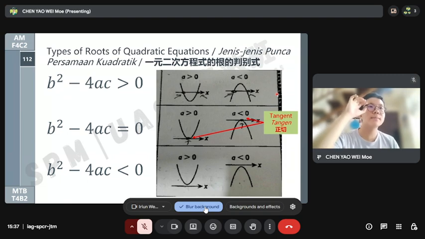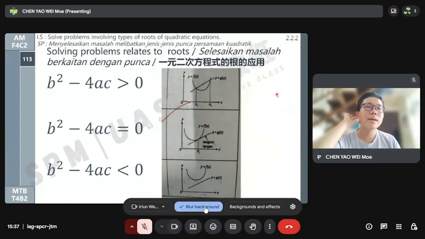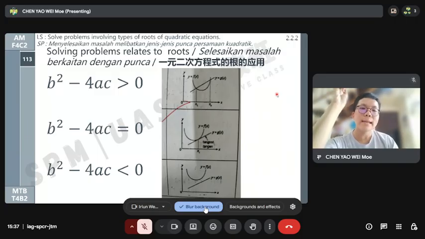In another case, you can also say that one curve and one straight line intersect two times, meaning the line intersects the curve two times. So we can say that b squared minus 4ac is larger than 0. If they only intersect at one point, or the line is the tangent of the curve, then b squared minus 4ac equals 0.